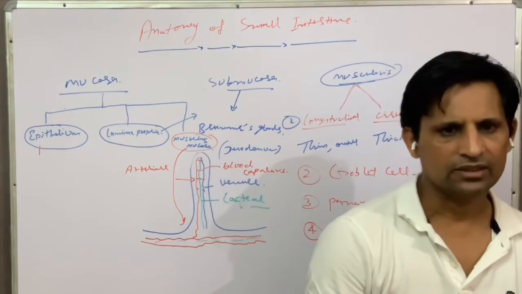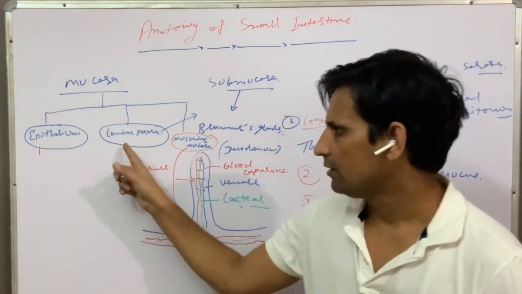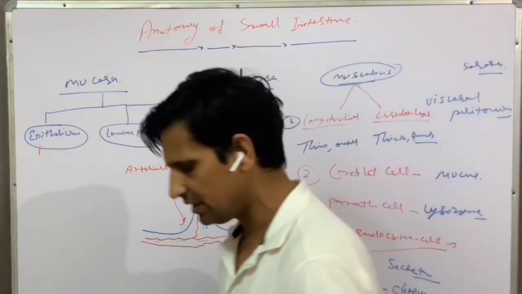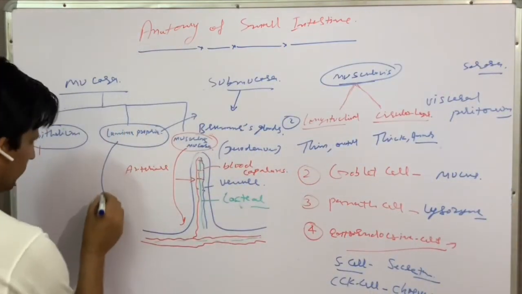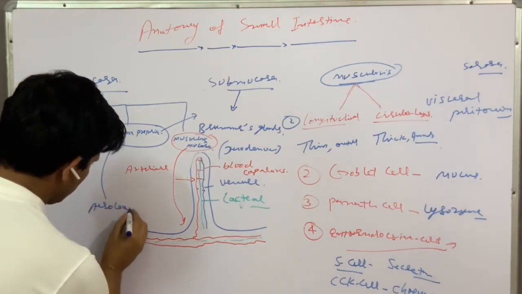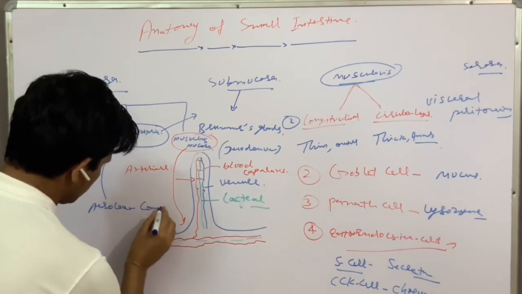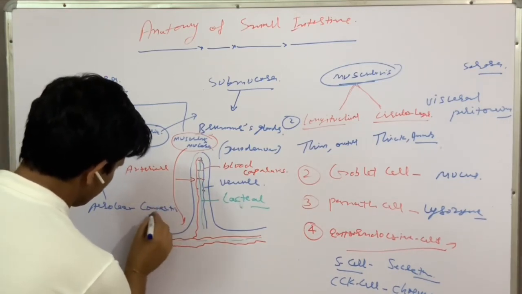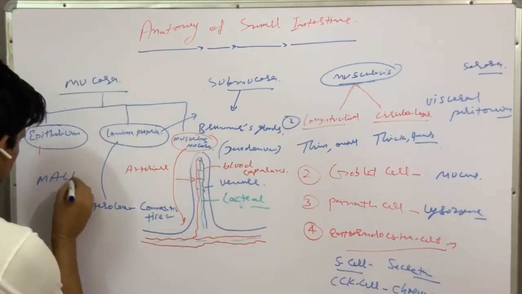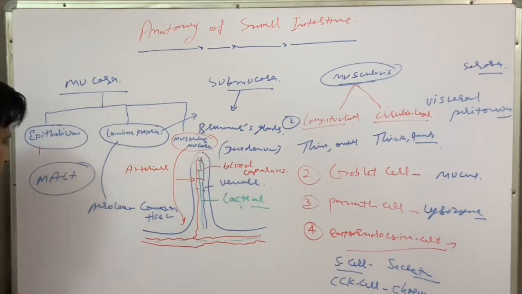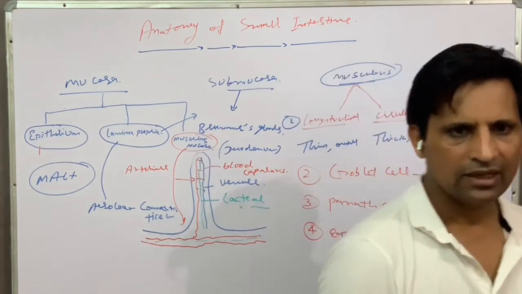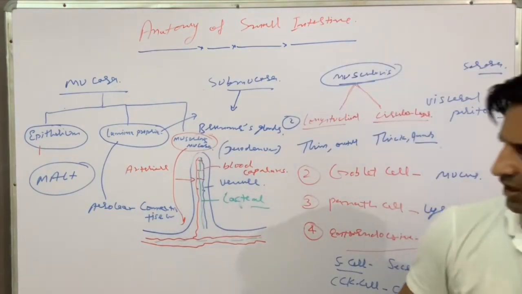One more important thing, the lamina propria contains areolar connective tissue, and a special structure called MALT. MALT means mucosa associated lymphatic tissue.